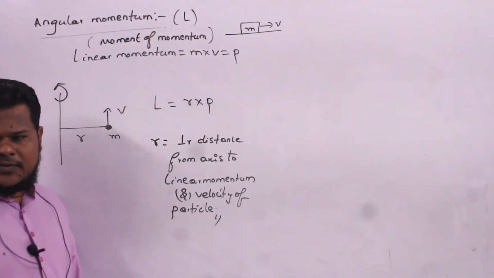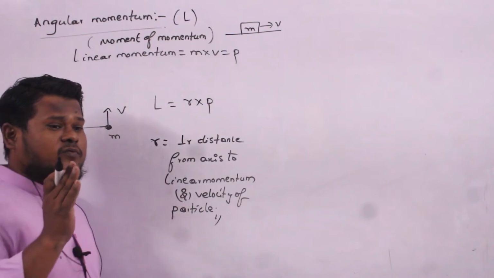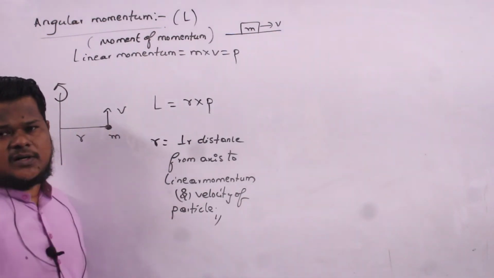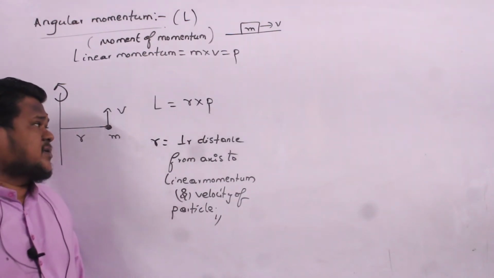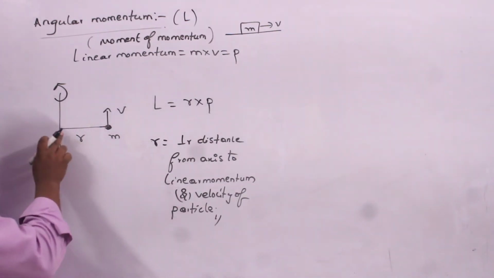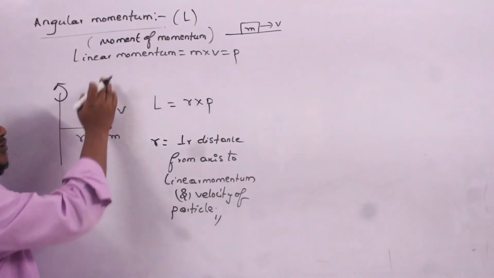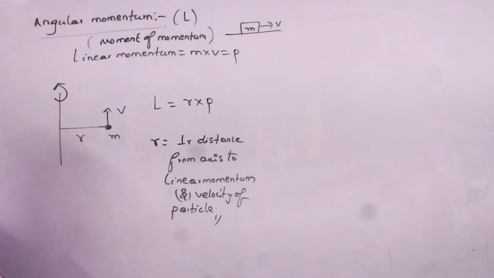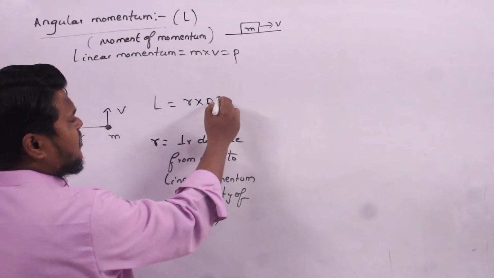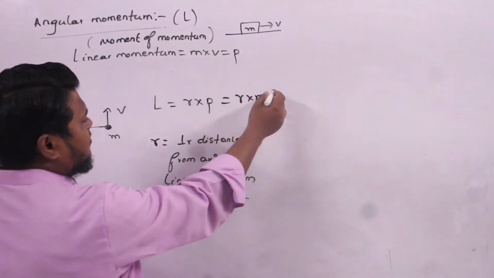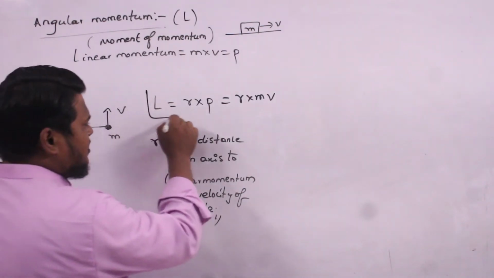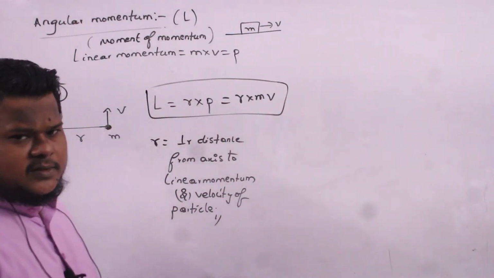We took the perpendicular distance to the force, then multiplied radius vector and force, and we got torque. Here also same concept. You take that distance which is perpendicular to velocity, and that is R, no? So R into P is called angular momentum. Clear, no? P can be written as M into V also, so I can write R into MV also. This is another form. Are you able to understand? So this is called angular momentum.